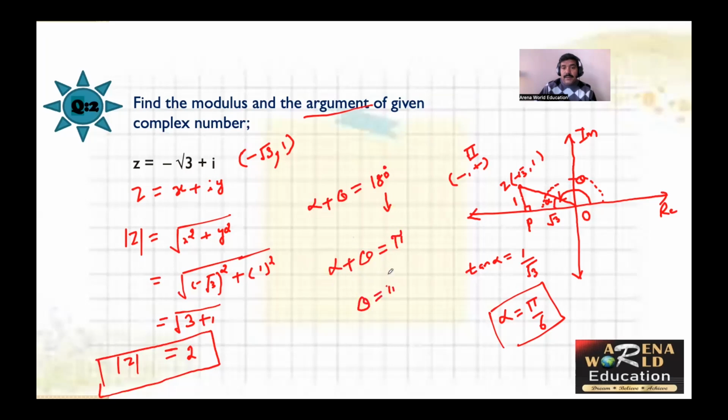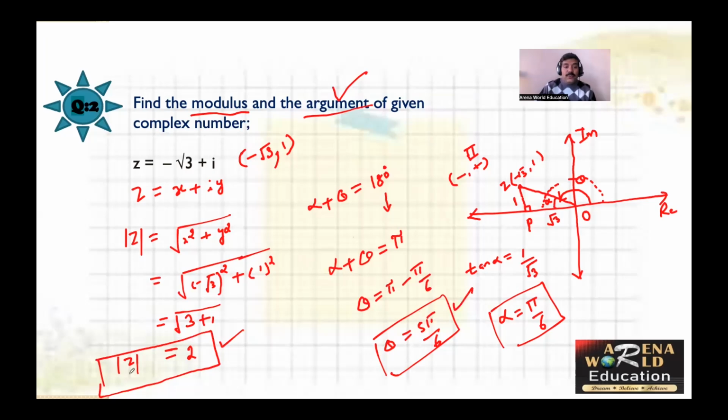Theta will be pi minus alpha, and that is pi by 6. So theta will be 5 pi by 6, right? And this is the required argument. Is this clear? I hope everybody is clear. Modulus will be 2 and argument will be 5 pi by 6.